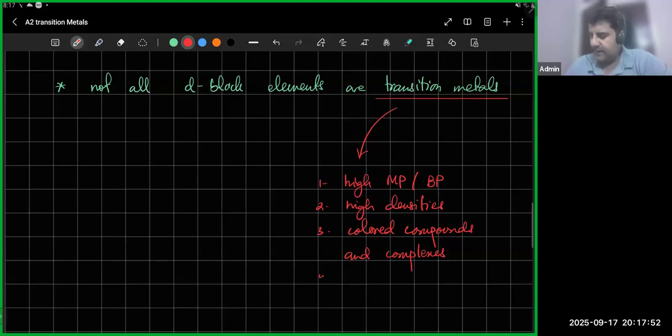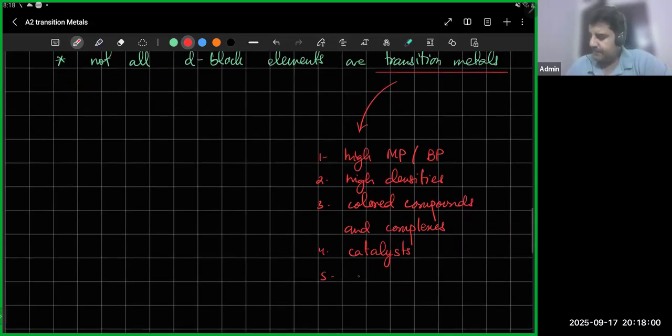Number four, they're very good catalysts. And number five is that they have variable oxidation states. So if your compound has any of those properties, then it's probably going to be a transition metal.